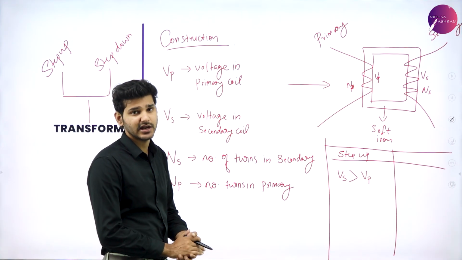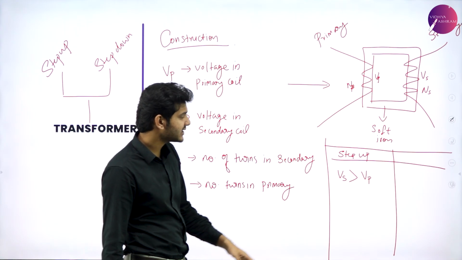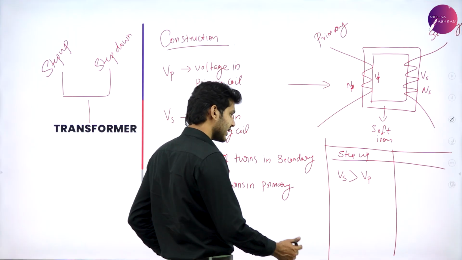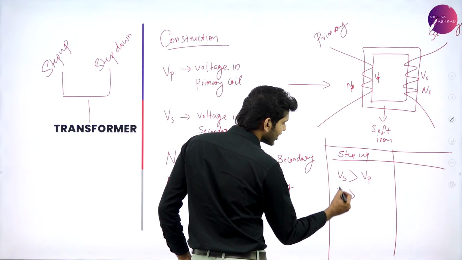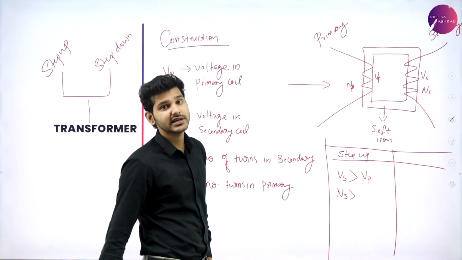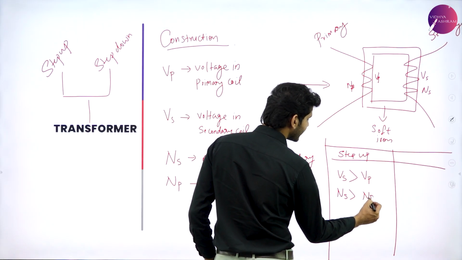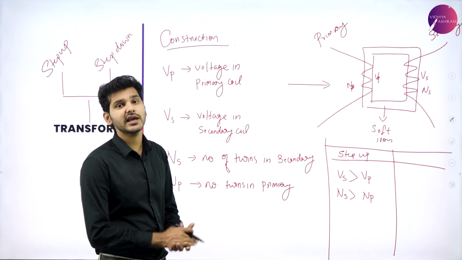That is very easy, right? The characteristic of a step up transformer is that Vs should be greater than Vp. And the next characteristic is that the number of turns in the secondary coil should be higher than the number of turns in the primary coil.